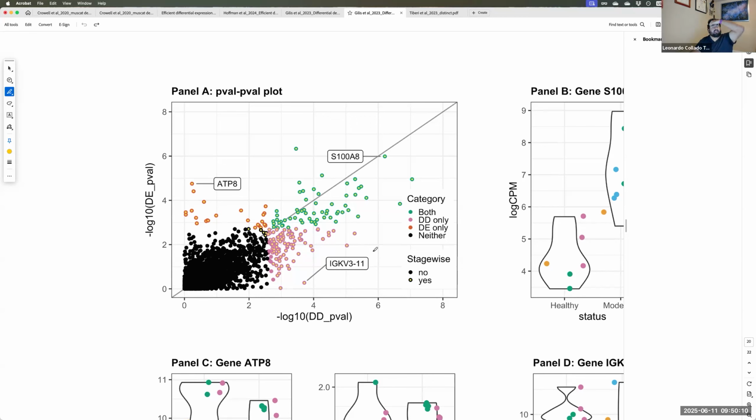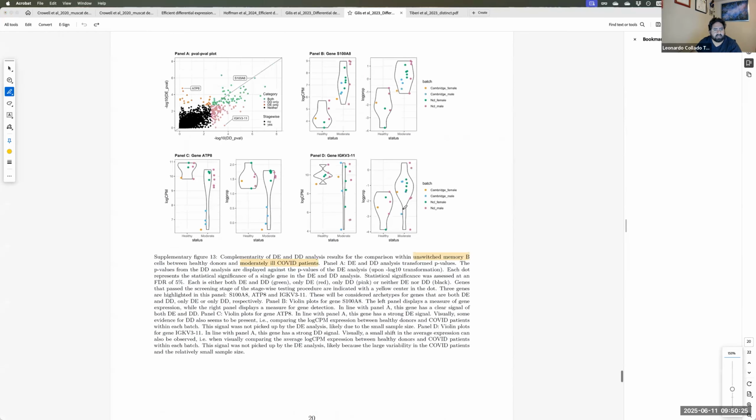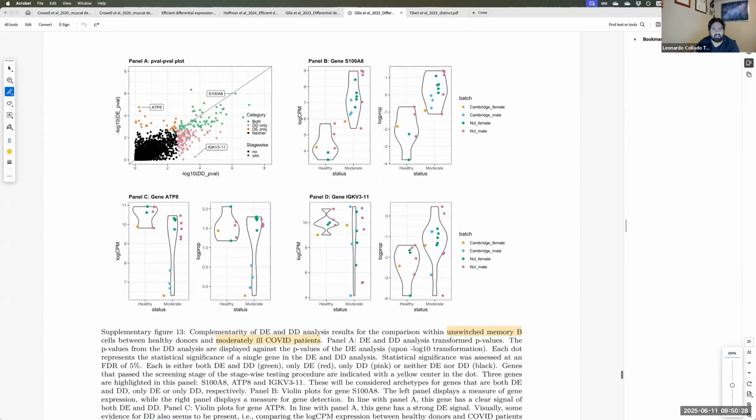Are they biologically relevant for the biological question that you're answering? Maybe they are, maybe they aren't, right? It depends on how you interpret the genes like in panel B, right? You could argue, well, yes, maybe there's a different proportion of the cells expressing that gene, but maybe it's not.